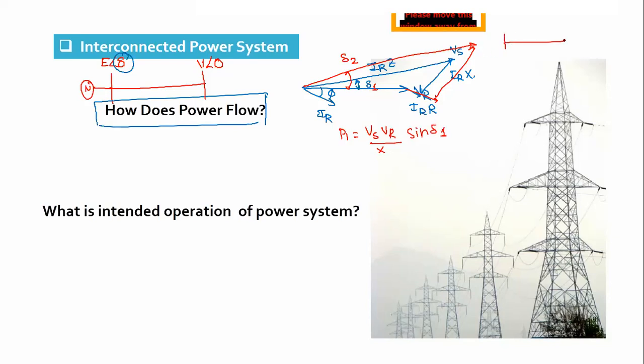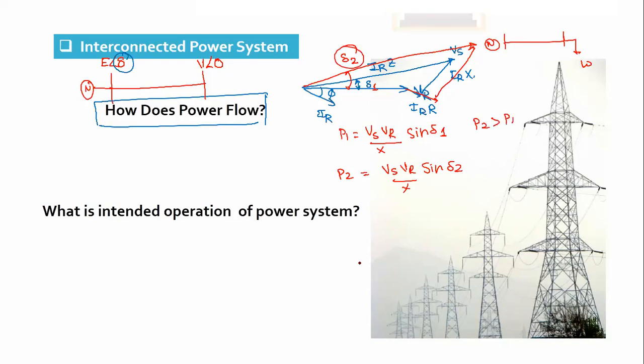And as the load on the line is increased, we know that the power will be more because delta increases. Okay, and you have studied stability. So stability is a concern of this delta, load angle delta.